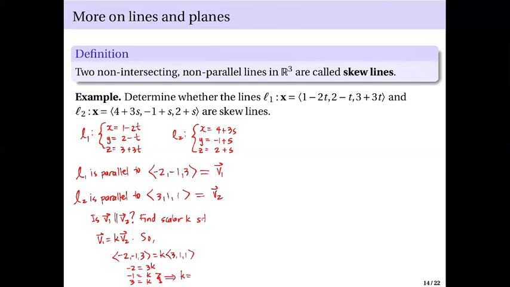K equals negative 1 equals 3, and this is not correct. So contradiction. Which means V1 and V2 are not parallel, and so L1 and L2 are not parallel. So let's just write this: L1 and L2 are not parallel.